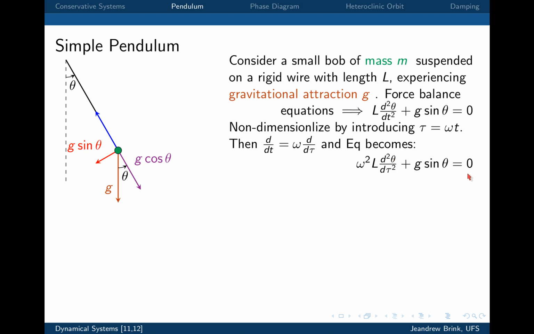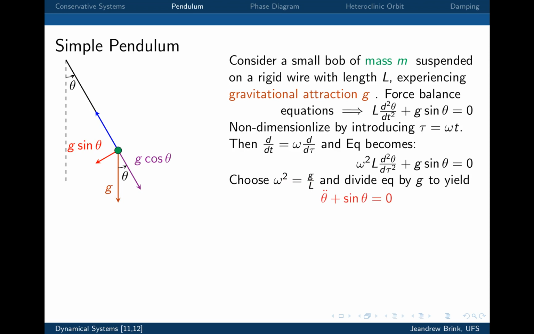And now we want to get rid of all those constants by choosing, because remember we can choose omega as long as we don't choose it to be 0. We choose omega squared equal to g over L, and we divide the whole equation by g, and then what we're left with is that. Okay?